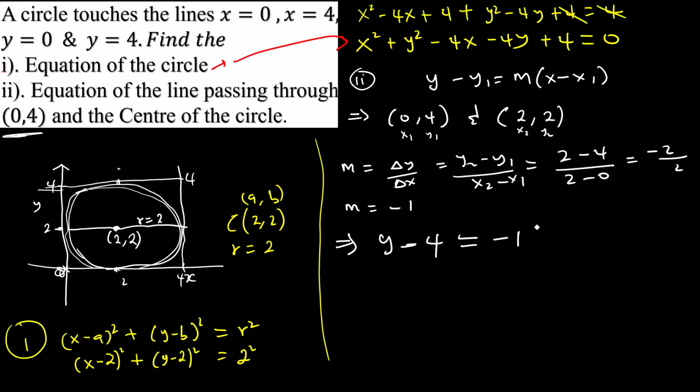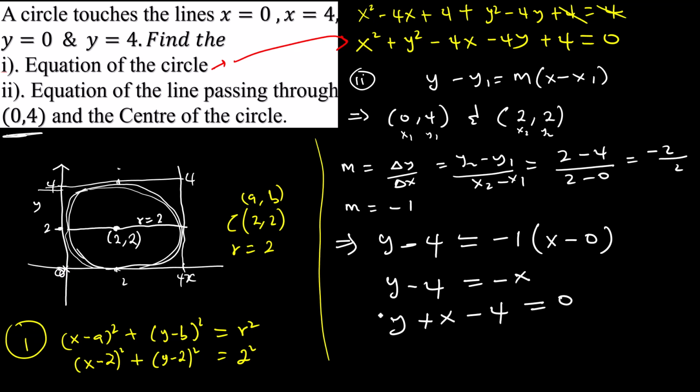Then we have the slope as minus 1, times x minus x1, which is 0. We have y minus 4 equals minus x, so y plus x minus 4 equals 0. So this is the equation of the line passing through the point (0, 4) and the center (2, 2).